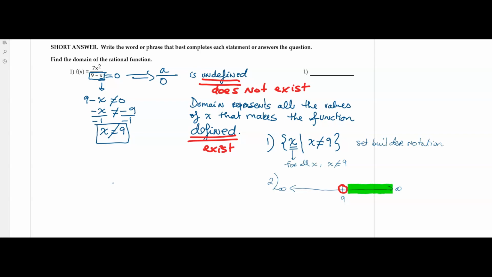This represents any values beyond 9 and goes to positive infinity. And then here, all the values that are below 9 and goes to negative infinity. From negative infinity to 9, and then from 9 to infinity, and then here, 9 is excluded from the domain.